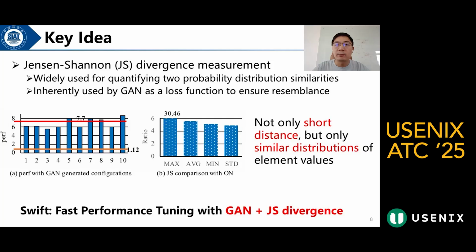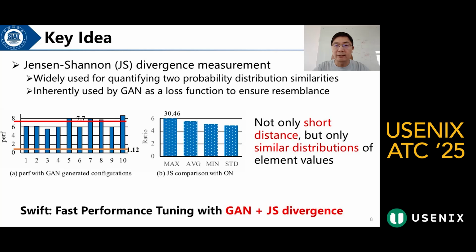We then come up with another metric for measurement. That is Jensen-Shannon divergence, and we use it as the ideal metric. On the one hand, Jensen-Shannon divergence is widely used for quantifying the similarity of two probability distributions.